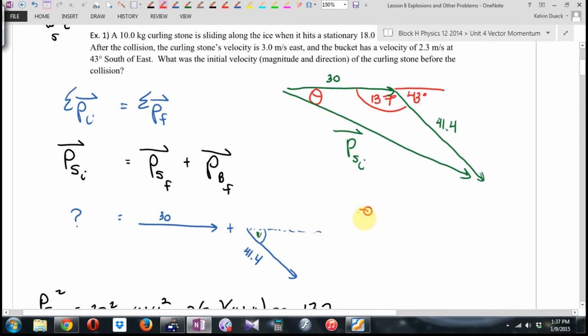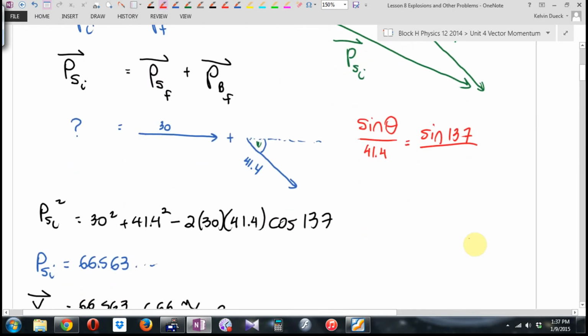It's going to be the sine of the mystery angle divided by what's across from it equals the sine of 137 divided by what's across from it, which I used to not know, but now I know is 66.563. By the way, common mistakes I see, kids put the velocity there instead of the momentum.